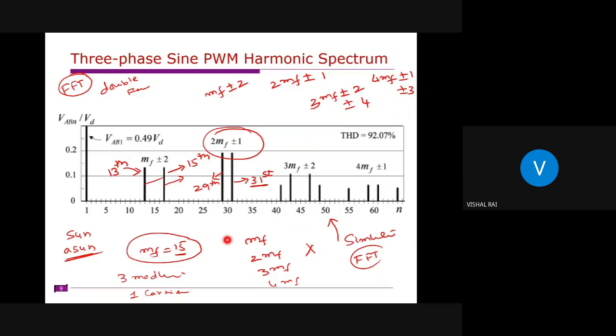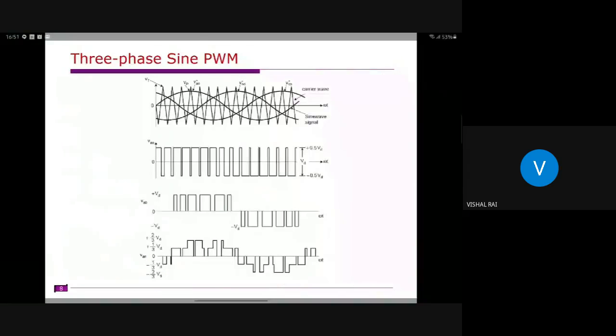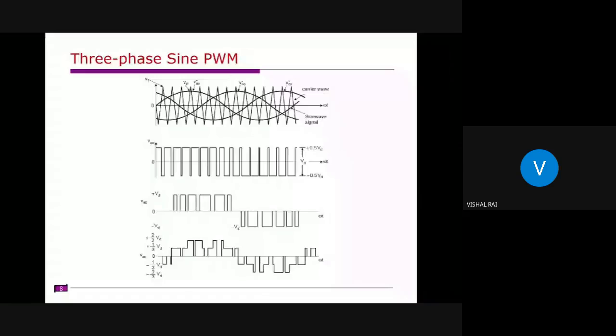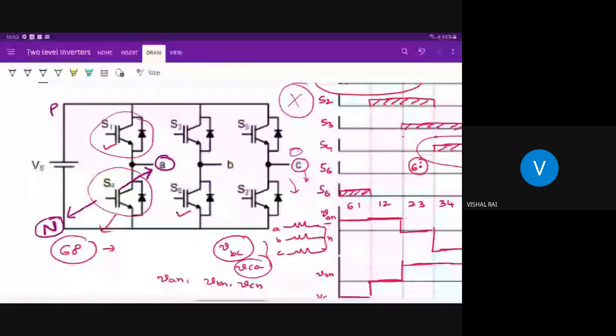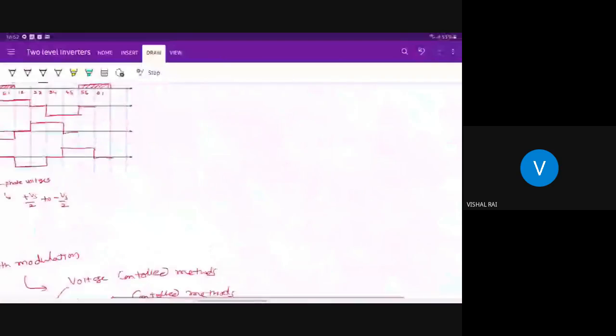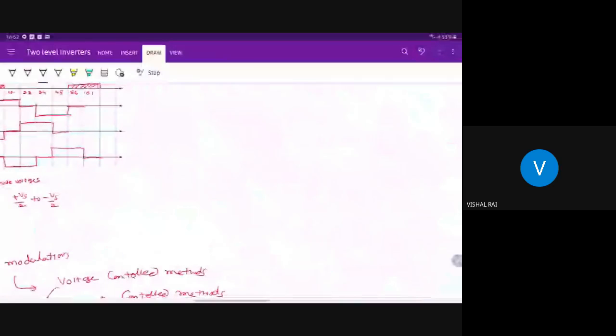Now we discussed synchronous and asynchronous PWM. The meaning is, for example, you have the A phase modulating signal, and it starts from 0.